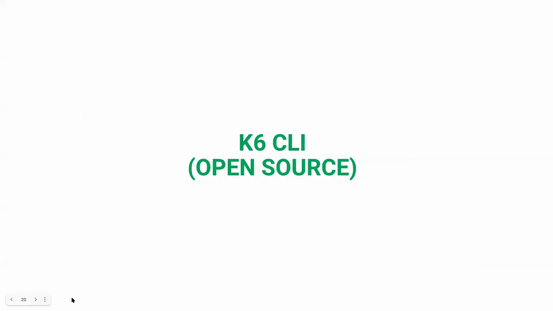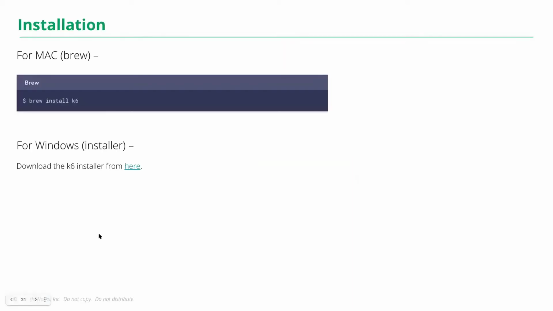So next we have K6 CLI. K6 CLI is completely open source. The very first thing is, what installation does it require? The very basic thing is that first we will be using an IDE. We can use either Visual Studio, VS Code, or IntelliJ.